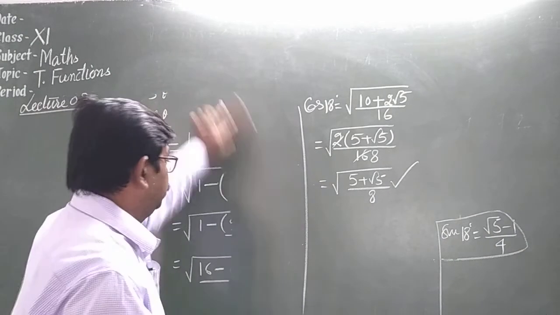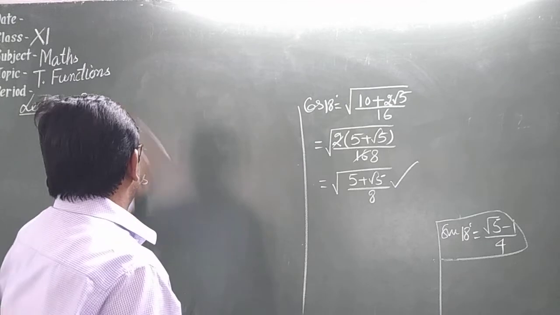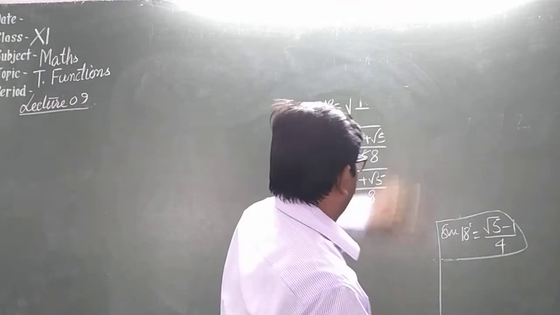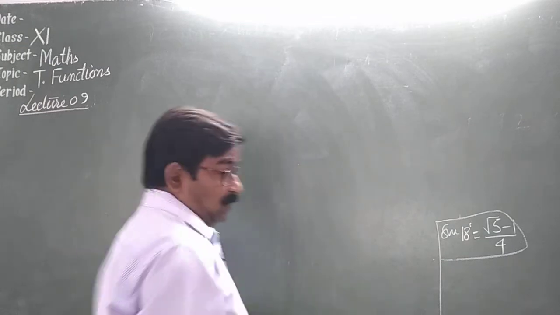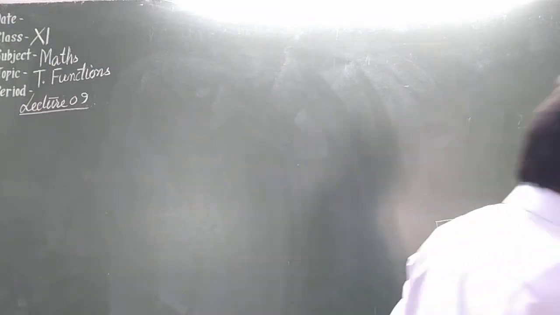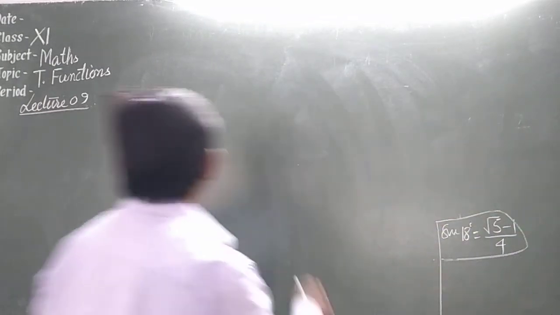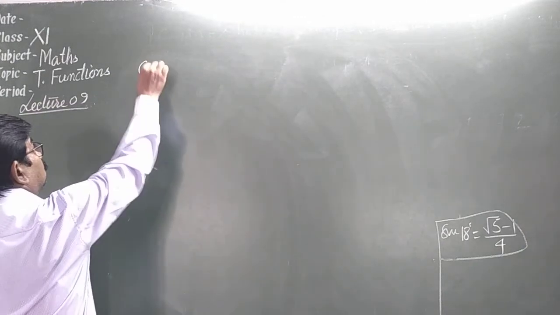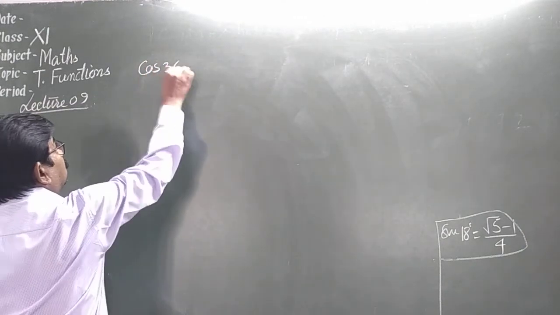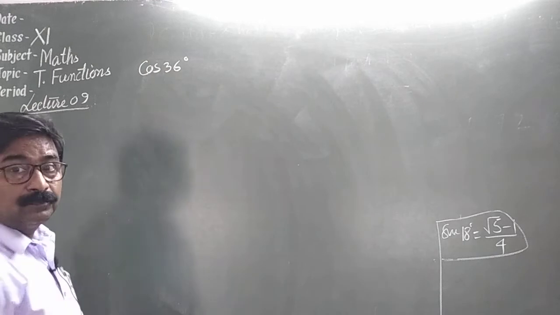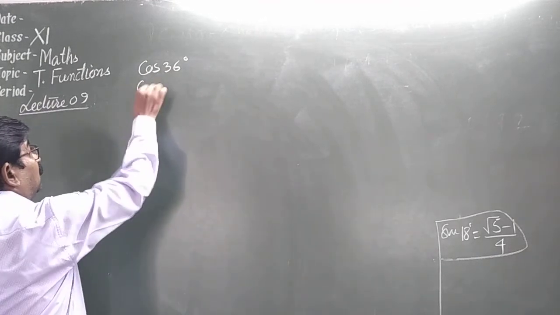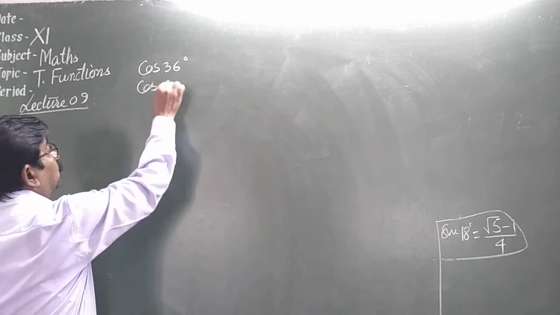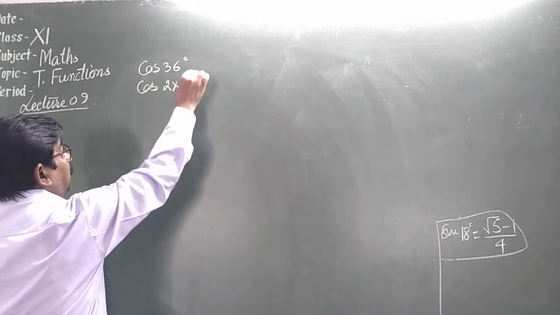Suppose you are going to find cos 36 degree. Now this can be written as cos 2 into 18 degree.